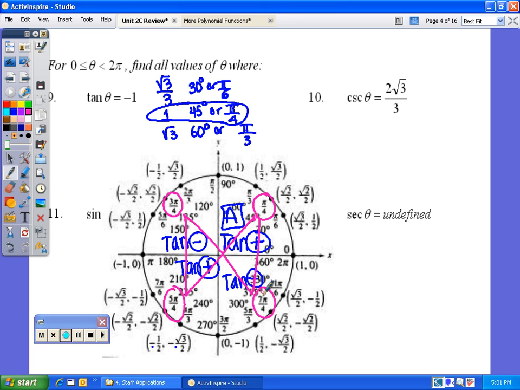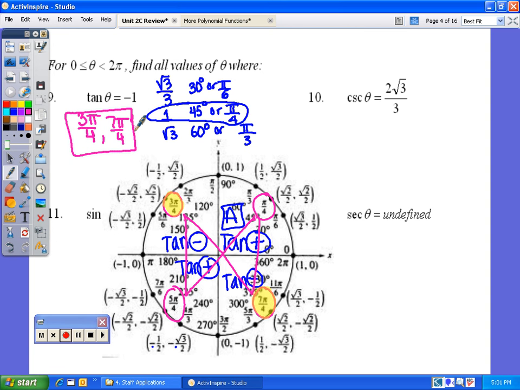Those are all of my 45s. So now out of those, I want to pick the ones that are negative. So that means that 3 pi over 4 is negative 1, and 7 pi over 4 is negative 1. So that means the answer to this question is 3 pi over 4 and 7 pi over 4.